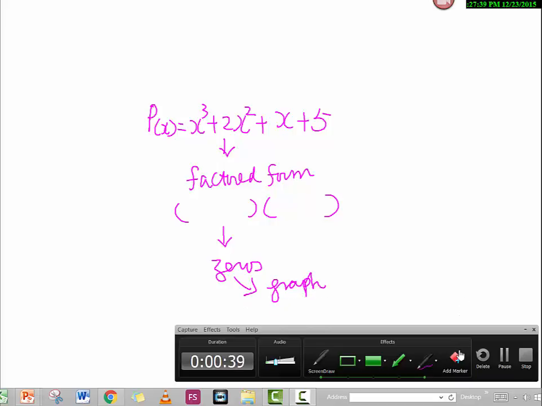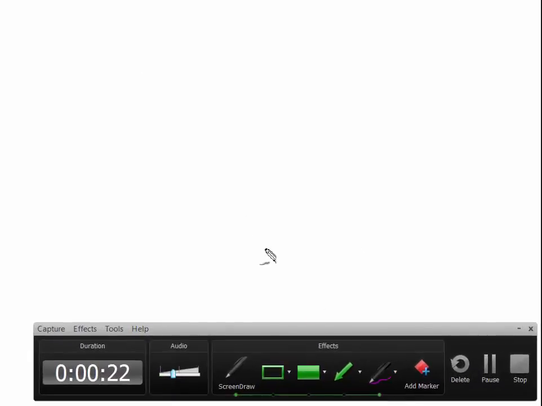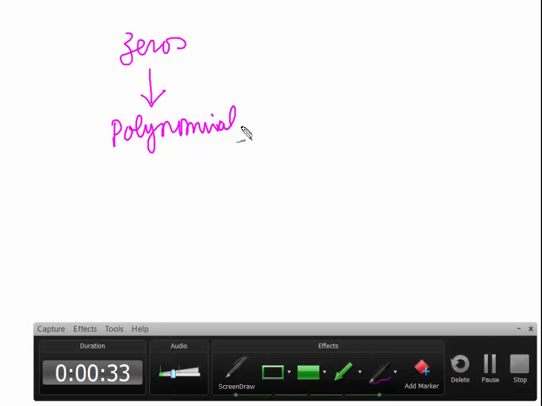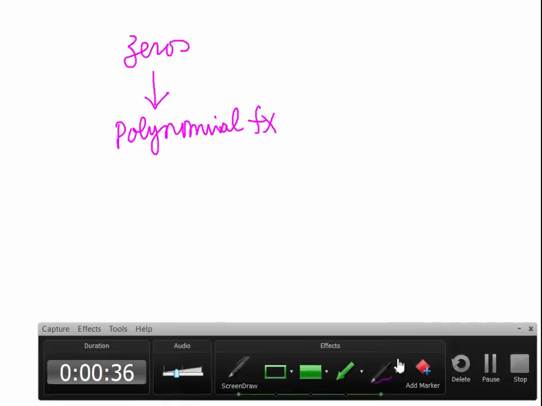That's what we've done so far. The next thing that we're going to do is actually the reverse. When I say reverse, that means I'm going to give you the zeros, and from the zeros you're going back to get the polynomial function. That's what we're going to do in this part.